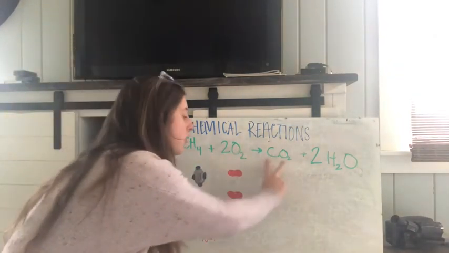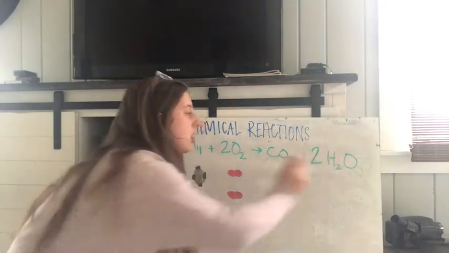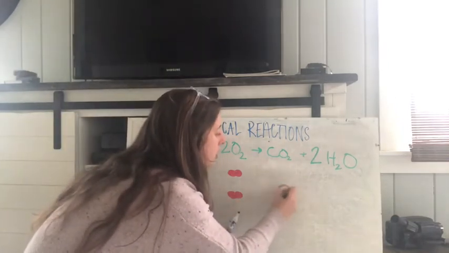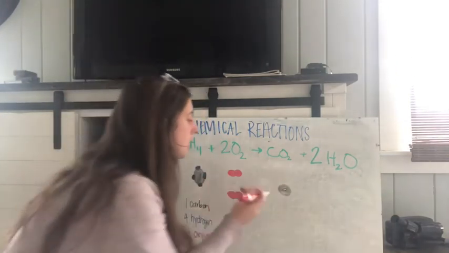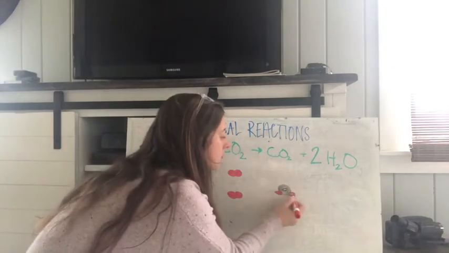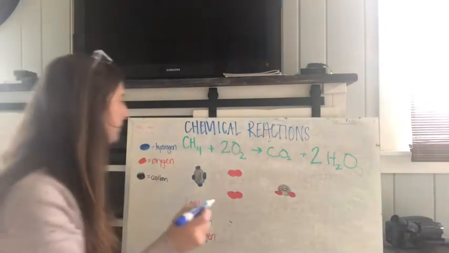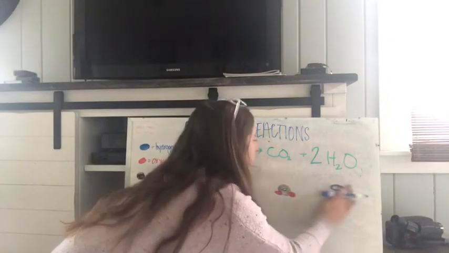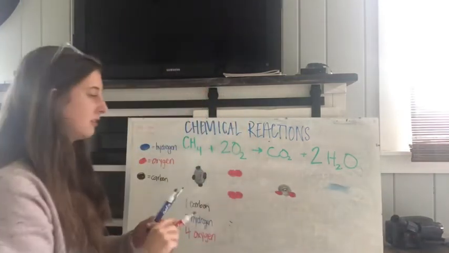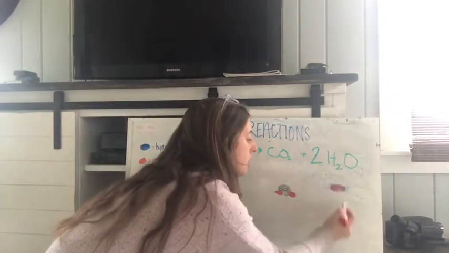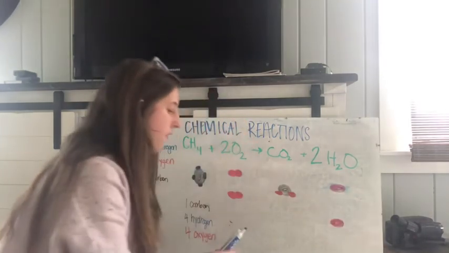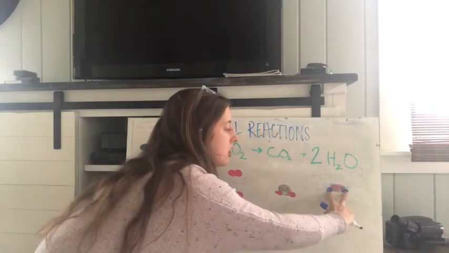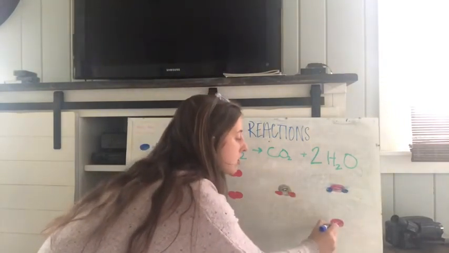So if we draw our carbon dioxide, we have one carbon atom and two oxygen atoms. Then we have H2O, so we have our oxygen and two hydrogens, and our oxygen and two hydrogens.